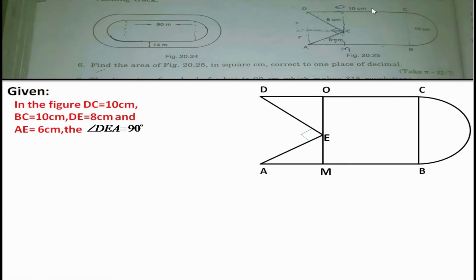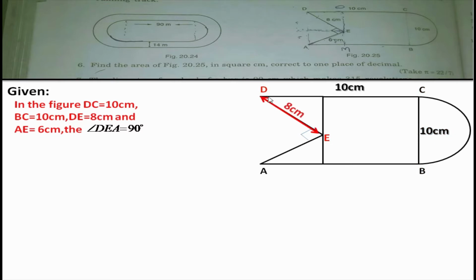Let us see what all things have been given to us in the figure. DC is equal to 10 centimeter. This is DC in this figure and this is equal to 10 centimeter. And BC is equal to 10 centimeter. So DC and BC are of same length, 10 and 10.